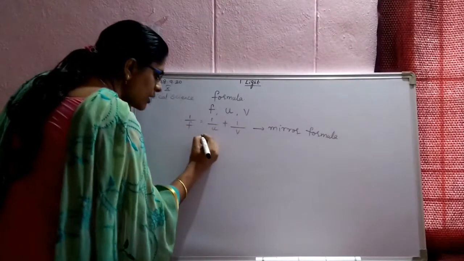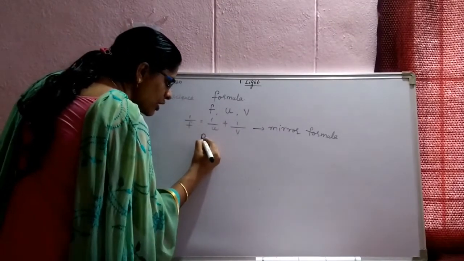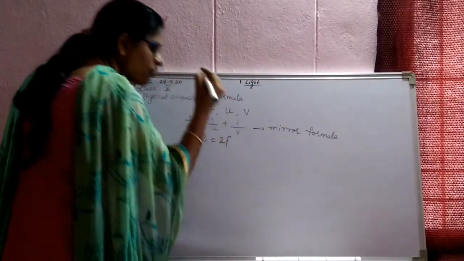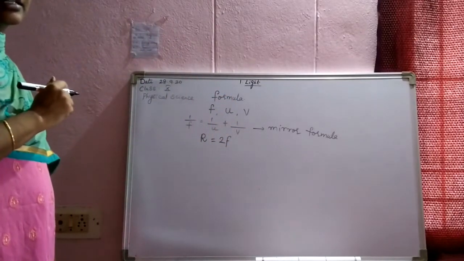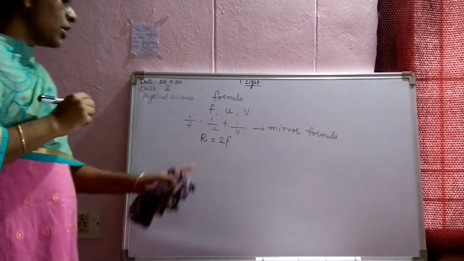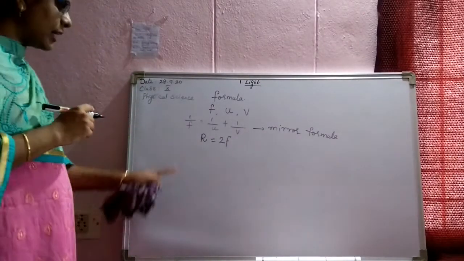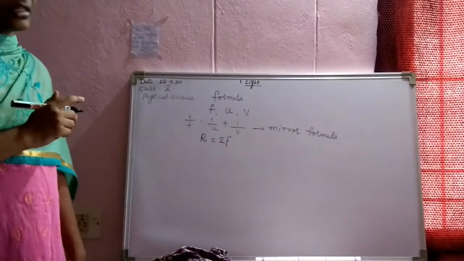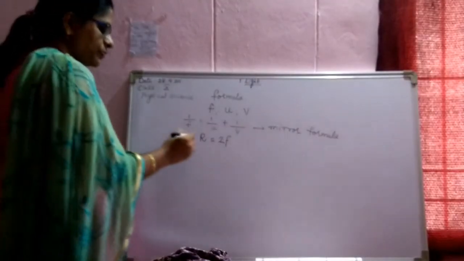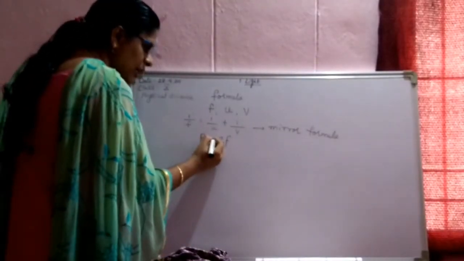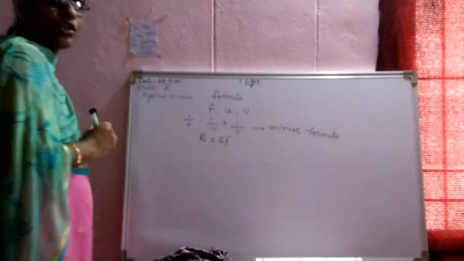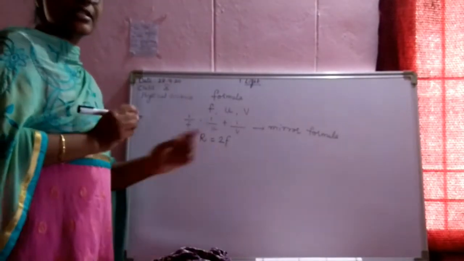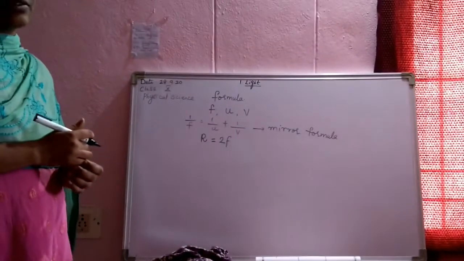Now after this, you have a relation R is equal to 2f, where R is the radius of curvature and f is the focal length. Another formula is to find the radius of curvature and focal length. The relation is R equal to 2f.